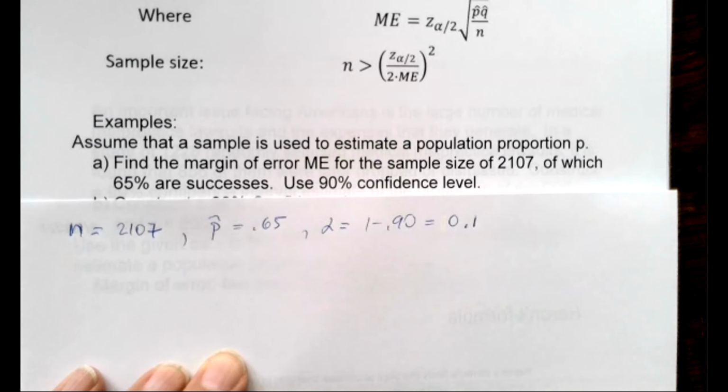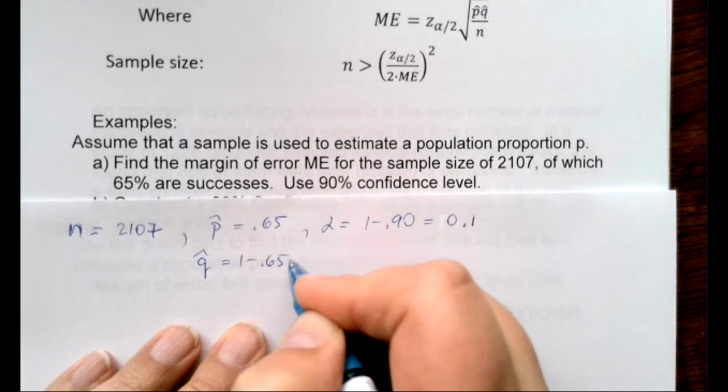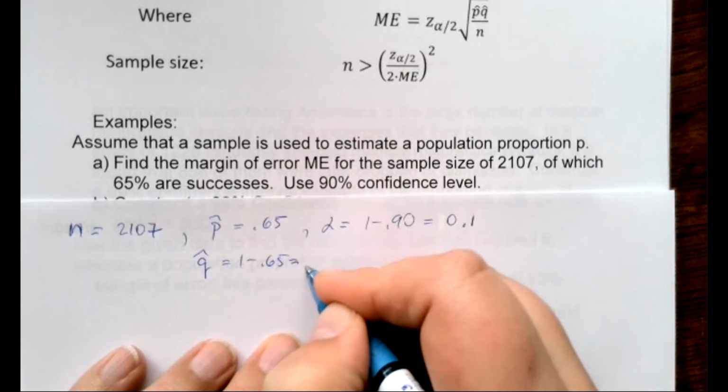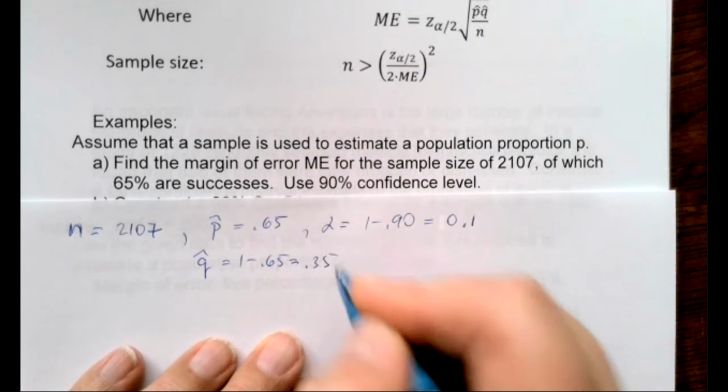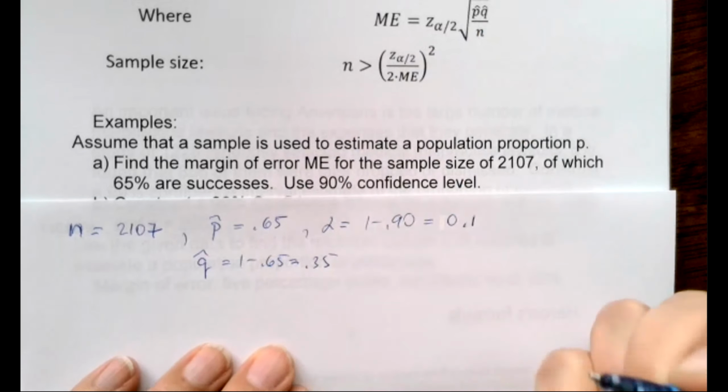So here's what we have from that problem in short. What we need is a z and we need q hat. Well, q hat is easy, it's 1 minus p hat. Okay, what about z?